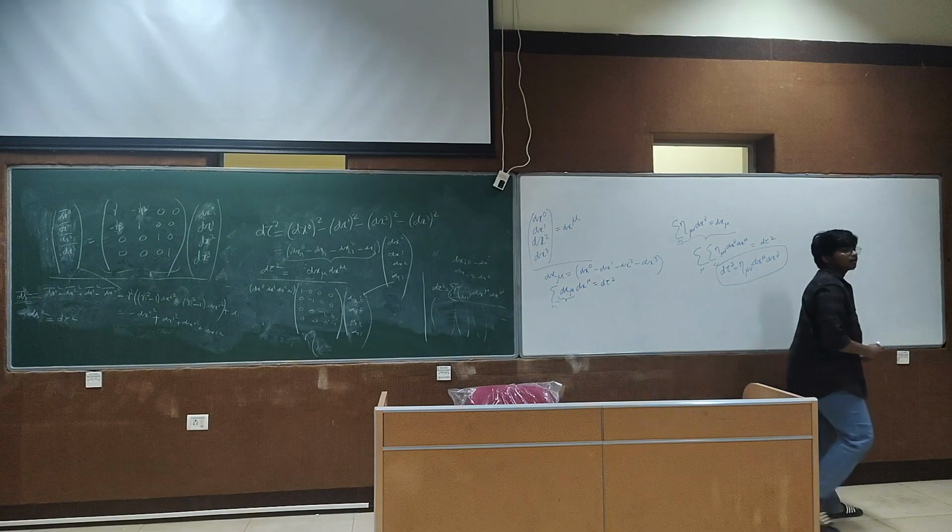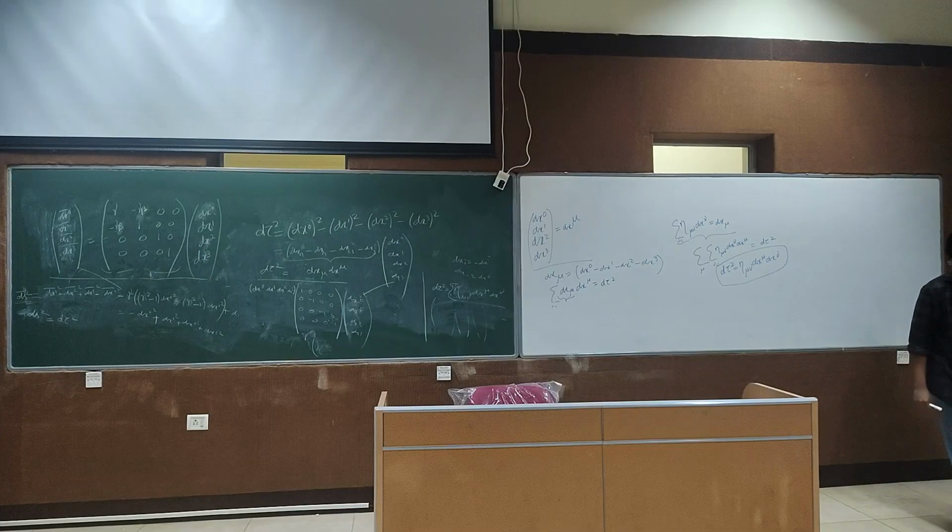So whenever I see two indices being repeated, I sum over them. Unless I specifically tell you that those two are particular elements, it is always a sum.